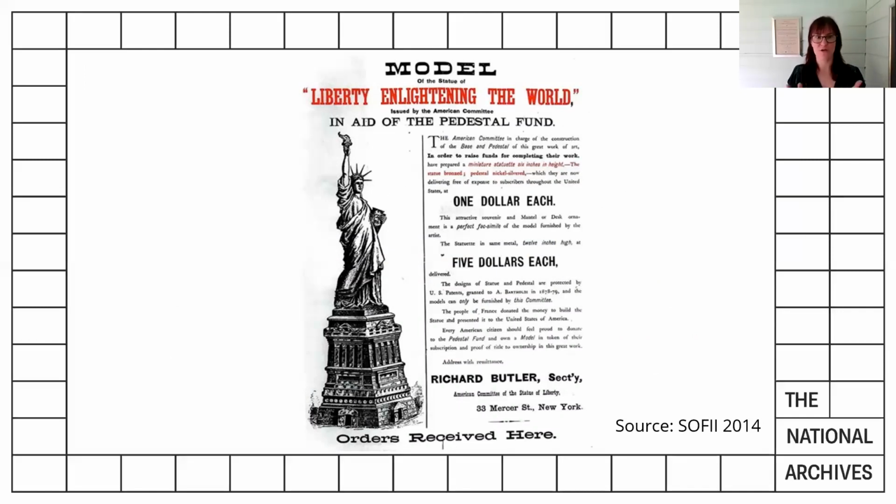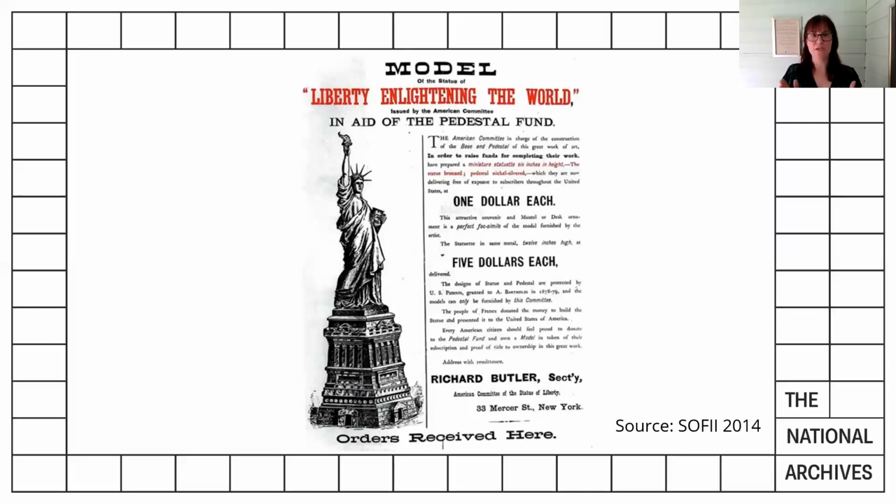As I'm sure you know, the French gifted the statue itself. But neither the government nor any specific wealthy philanthropists wanted to pay for the base that the statue was going to sit on. So Joseph Pulitzer, in his newspaper, the New York World, created a crowdfunding campaign.